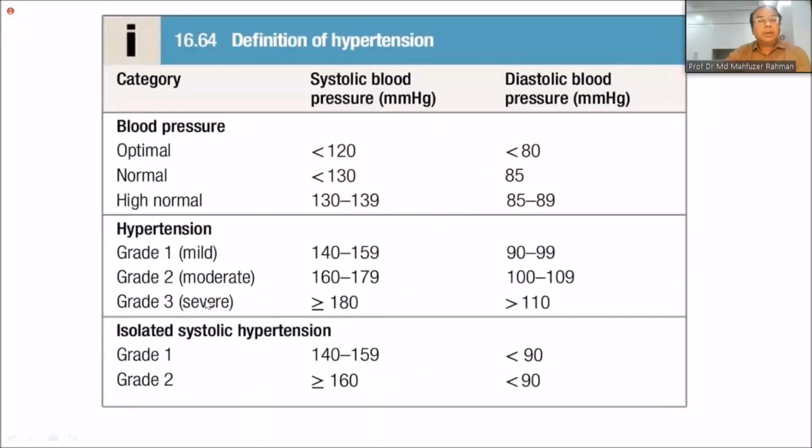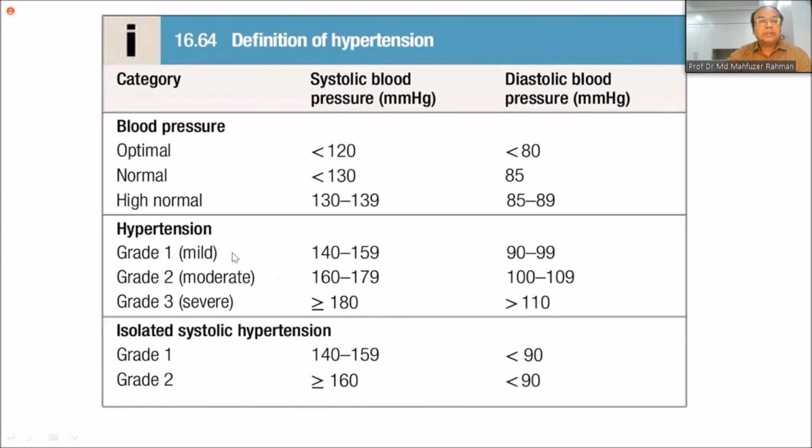This classification depends on British guidelines. You see optimal blood pressure is systolic less than 120, diastolic less than 80. Normal is less than 130, less than 85. High normal is another category, systolic 130 to 139 and diastolic 85 to 89.